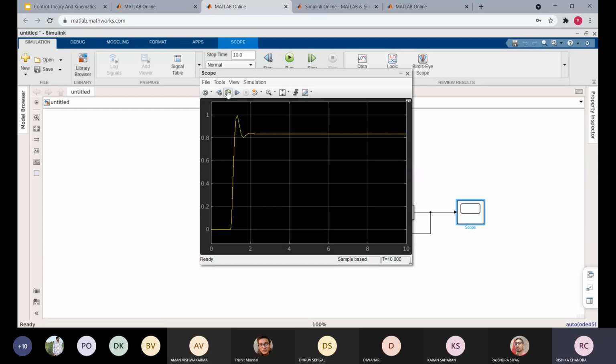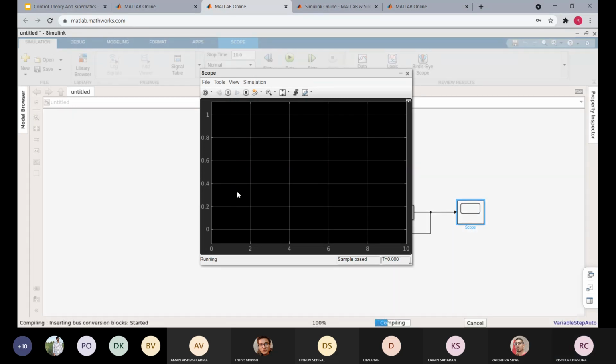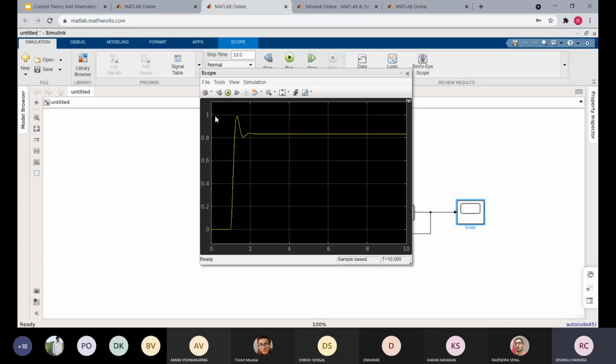So tell me, we used a unit step, right? So what is the desired output here? 1. And see, we used just a proportional controller, so there's some steady state error. The output is about 0.81, and there's a steady state error of 0.19.